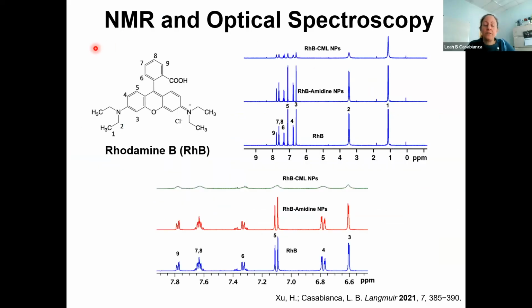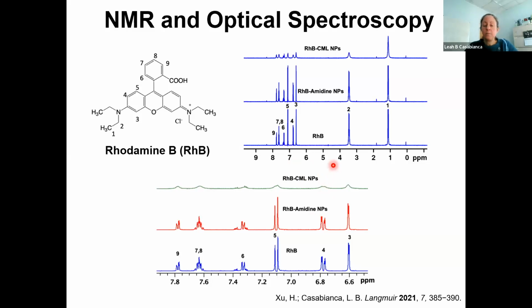Lastly, I wanted to see how these different NMR techniques compared to other techniques such as optical spectroscopy. So for this, we used rhodamine B, which is a fluorescent dye. So we could also look at fluorescence. We looked at the rhodamine B interacting with different nanoparticles. So this set of nanoparticles has amidine groups on the surface, and this set has carboxylate groups on the surface.